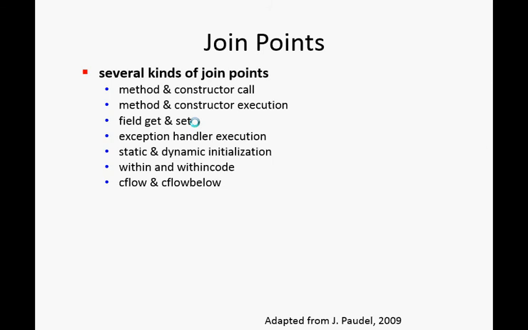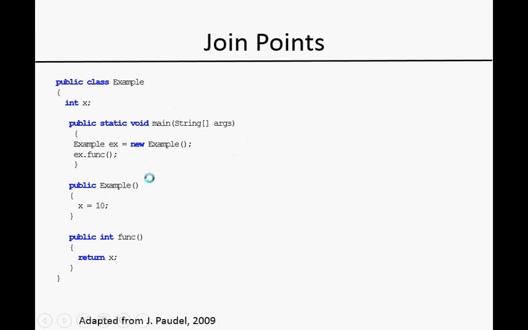Maybe we want to record every time a certain field is set for the sake of debugging, right? And we want to know whenever it's set so we can trace down this puzzling fault that's causing some failure in the program. Also exception handlers, when we initialize code, and some other constructs we may come back to later.